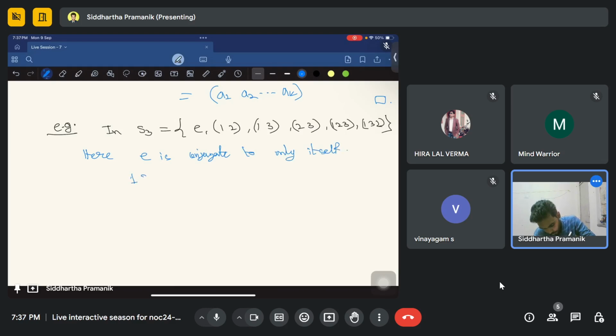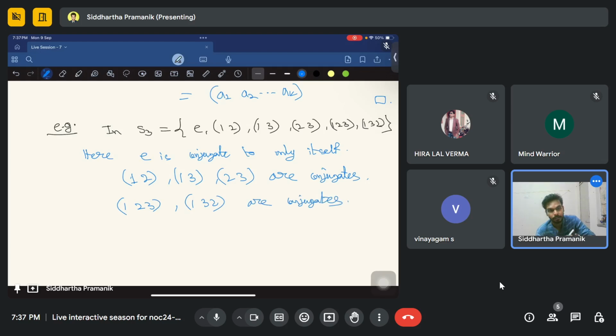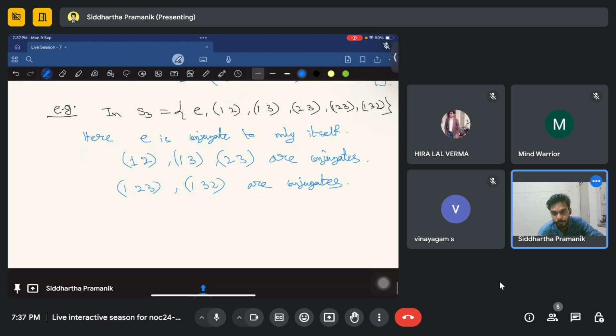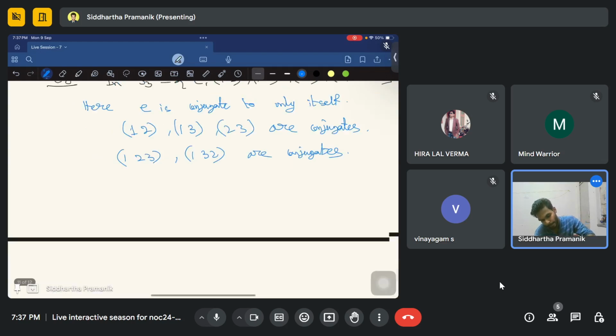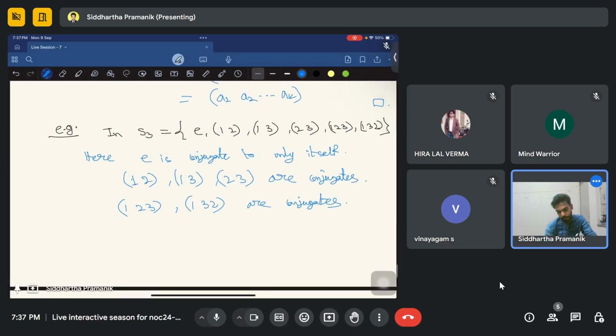The elements (1 2), (1 3), (2 3) are conjugates because they are all two-cycles, and the other two, (1 2 3) and (1 3 2), are conjugates because these are three-cycles. Now what about S4?